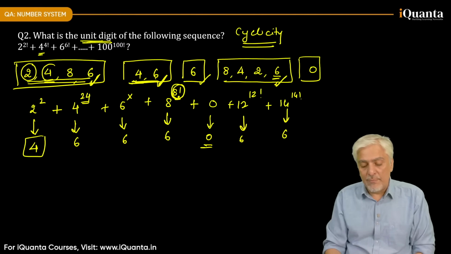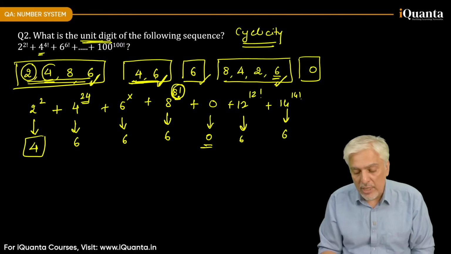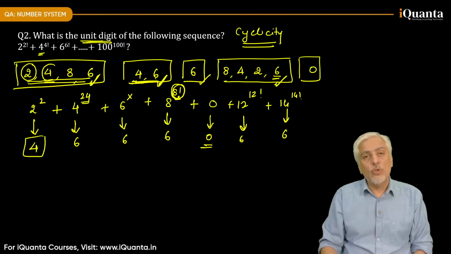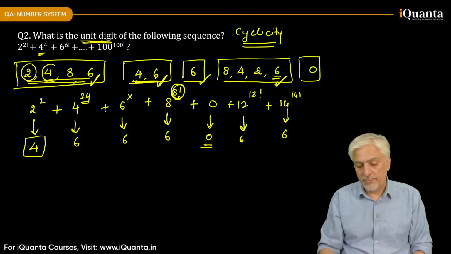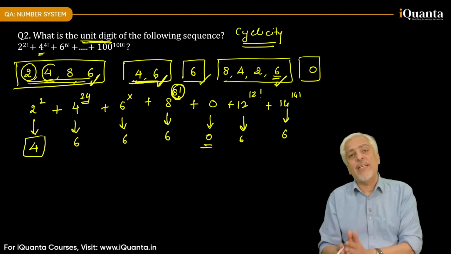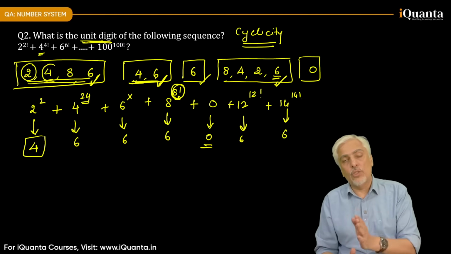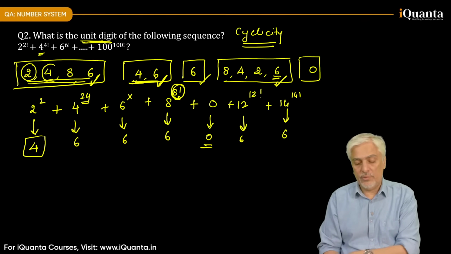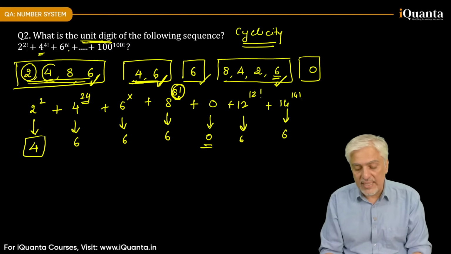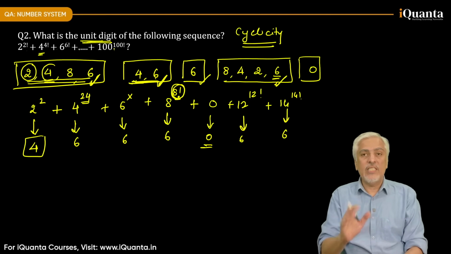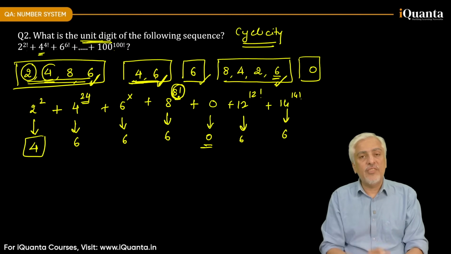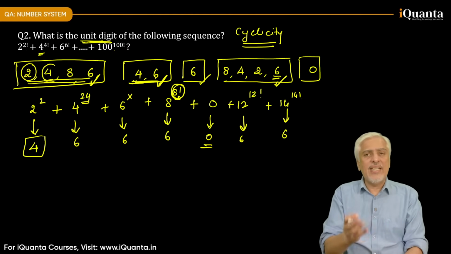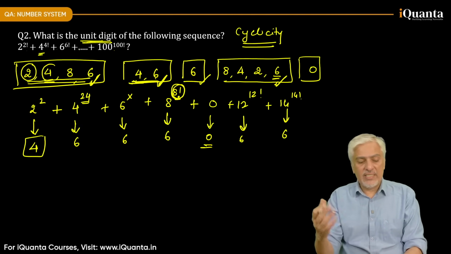So first of all, how many numbers are there? There are 50 numbers over here. If I take 2, 4, 6, 8, 10 up till 100, there are 50 numbers. Out of these 50 numbers, 10 of them are ending in 0: 10, 20, 30, 40, 50, 60, 70, 80, 90, 100.